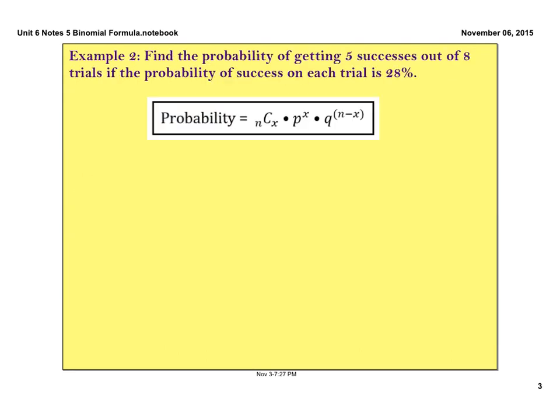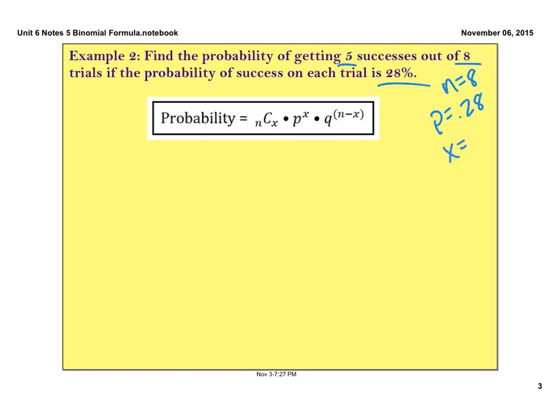So taking a look at example 2, it says find the probability of getting 5 successes out of 8 trials if the probability of success on each trial is 28%. So here's where I've got an n equaling 8, which is in my table, but I've got a p equaling 0.28, which is not in my table.